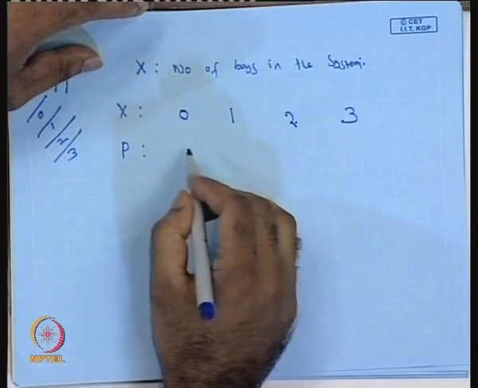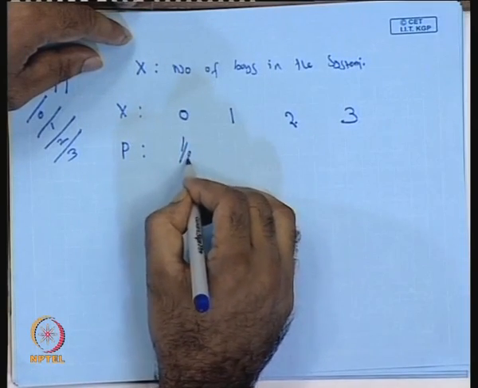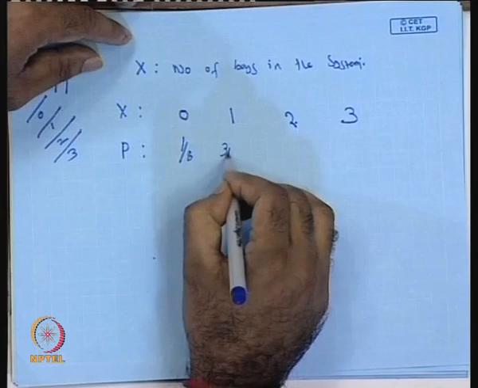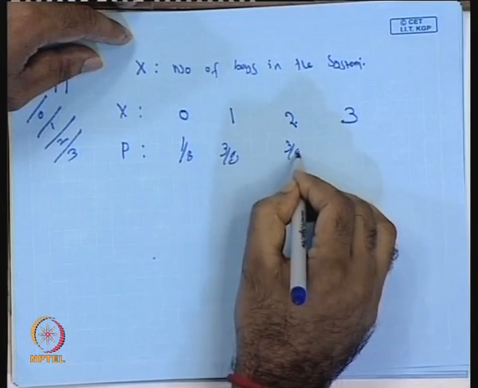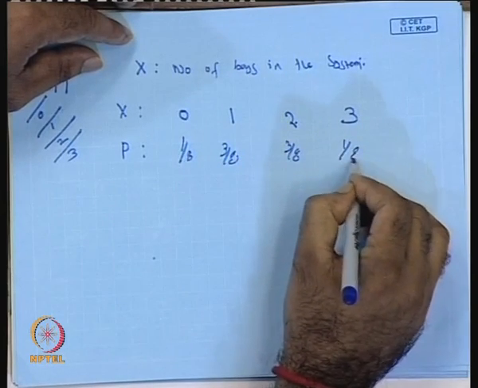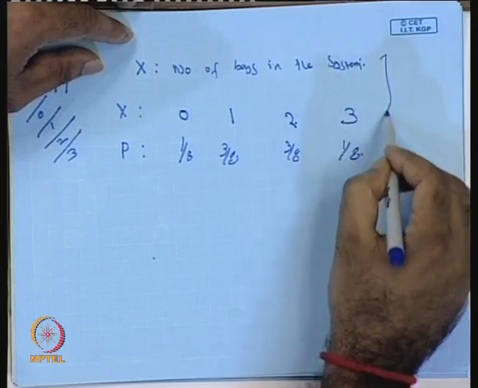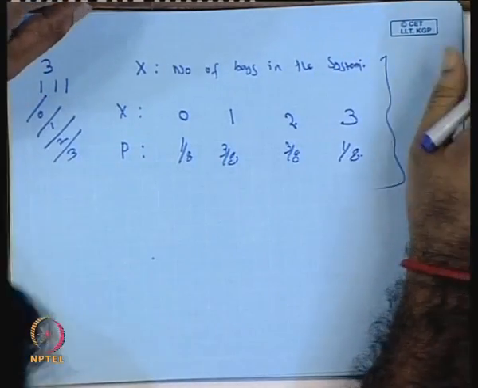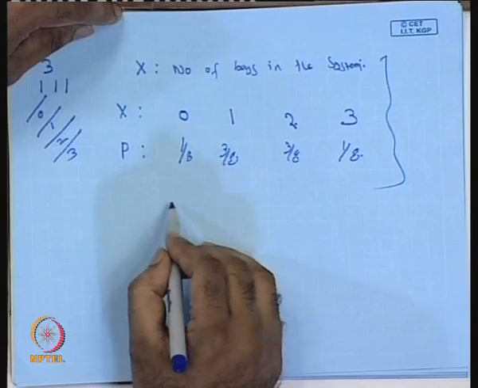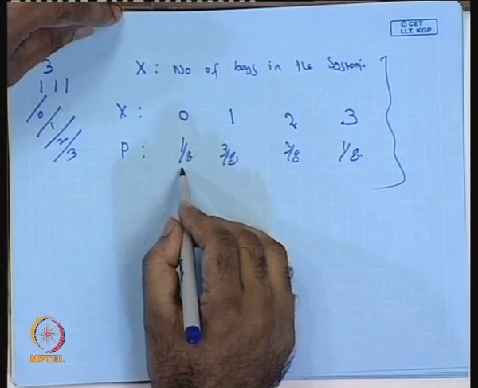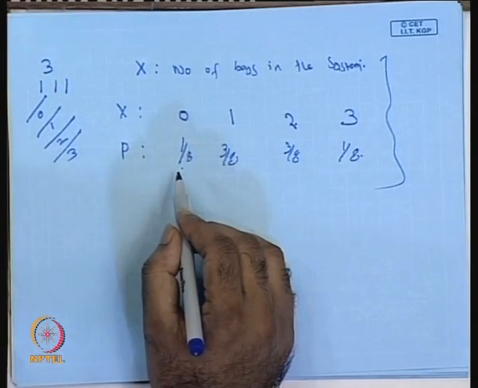Now, what is the corresponding probability? For 0 it is already 1 by 8. This is 3 by 8, this is 3 by 8, and this is 1 by 8. So, the complete setup is called a probability distribution, provided it satisfies the conditions.